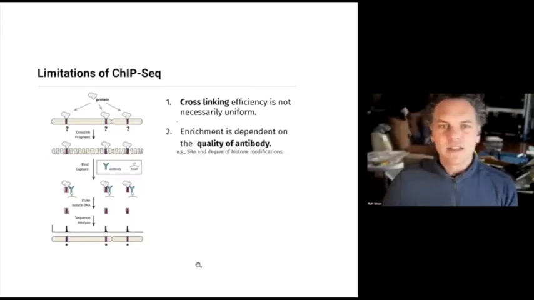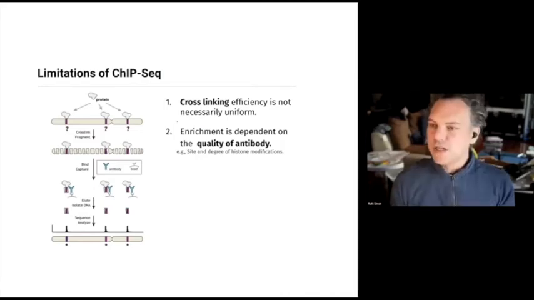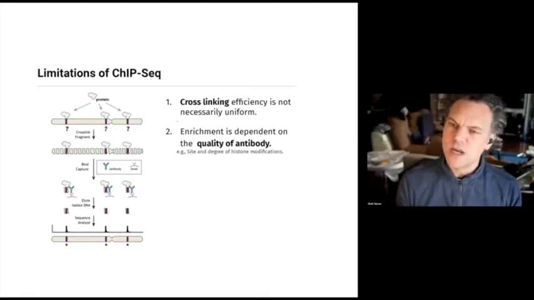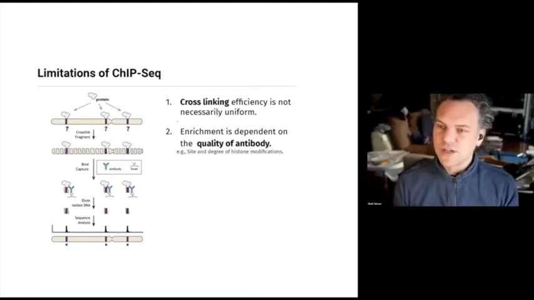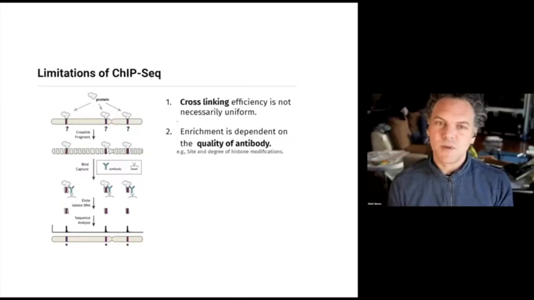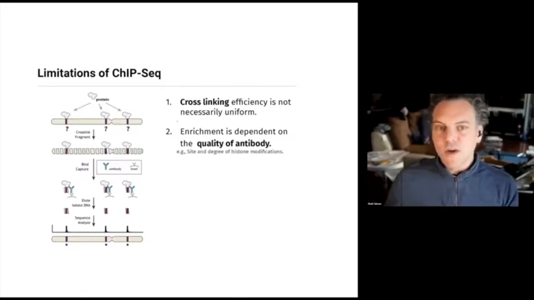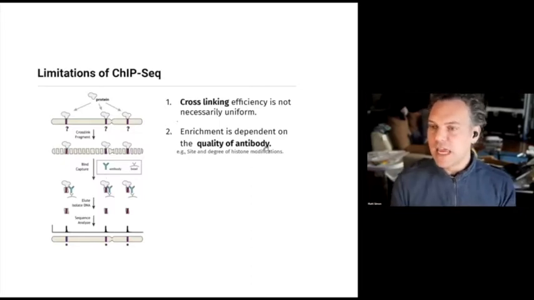And the idea is essentially you can have questions such as, when you use a reagent like formaldehyde, does it equally cross-link all proteins to the DNA with the same levels? And the answer is no, it doesn't. It depends on the composition of the protein, how tightly it's bound, other issues associated with the sequences. So the cross-linking might not be completely uniform. How good your enrichment is really a question partly of the antibody quality.